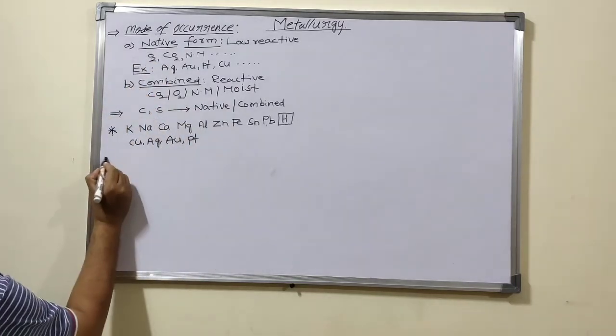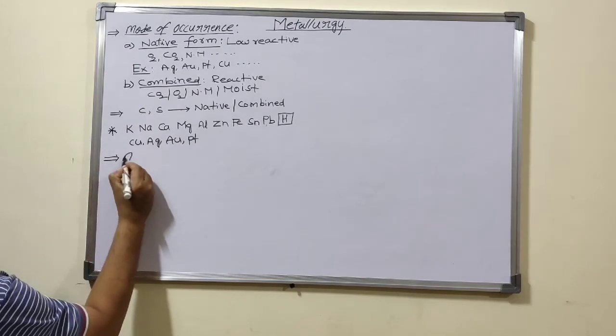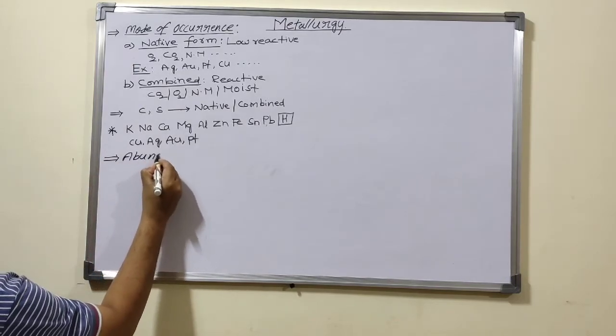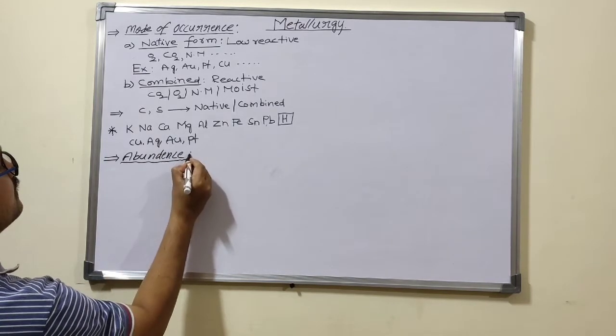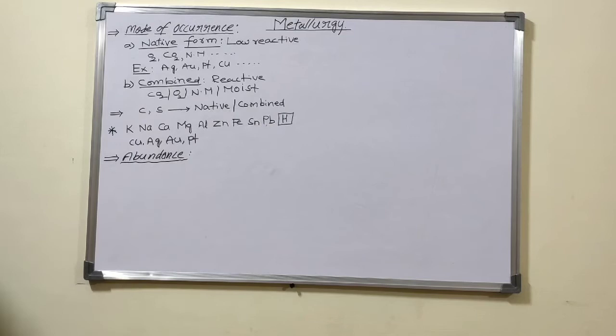Next, abundance of elements. Elements are not abundant in the same ratio. Different elements are abundant in the earth's crust in different percentages.